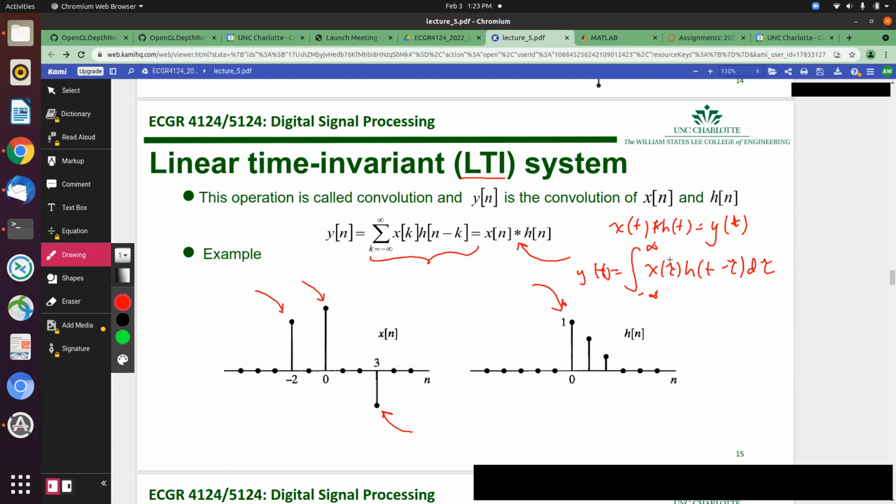Okay, so that's the same thing that's happening here. This summation behaves just like that integral from minus infinity to infinity. The product inside the summation is the same product, but now we're only evaluating it at discrete values, at integer locations. n and k are both integers, right?